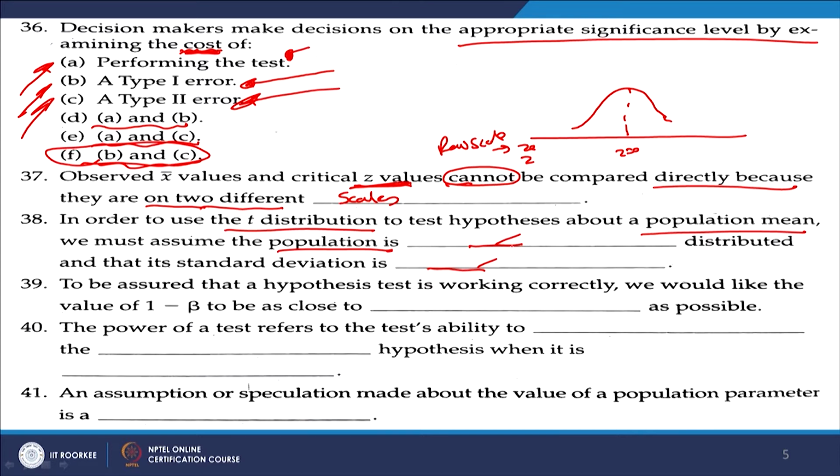We must assume the population is normally distributed or some non-normal distribution, and the standard deviation is what?